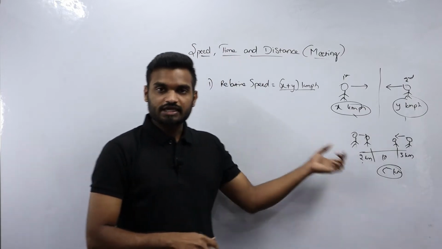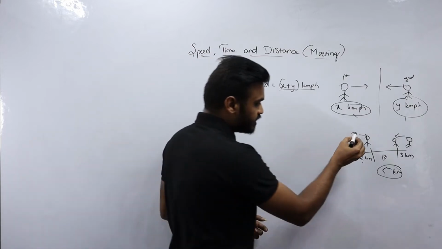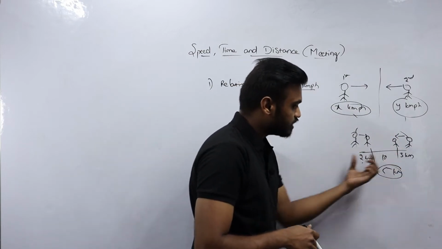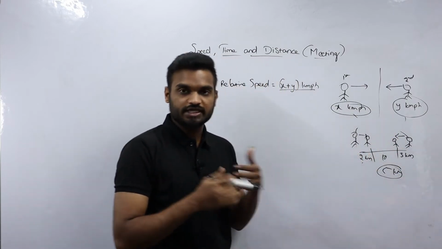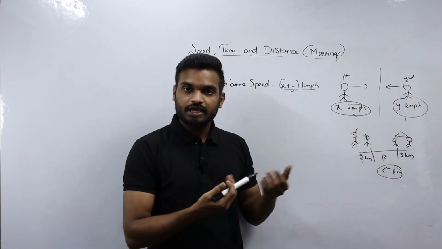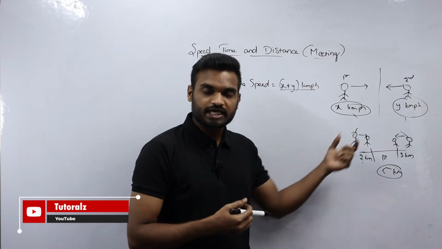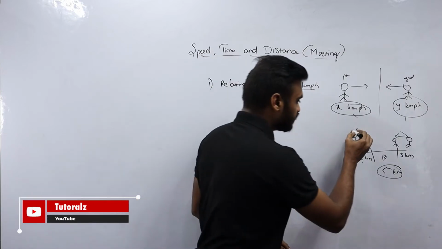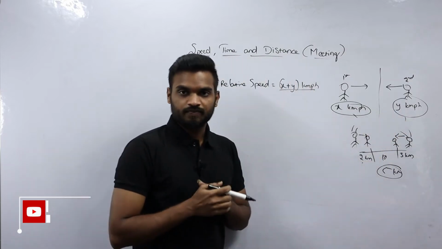Now what exactly is happening here? Both speeds of the first and second person are adding and also completing the distance between them so that they can meet each other. Both persons are reducing the distance between them so that they can meet. In order to reduce the distance, the speeds of the first and second persons are added together.